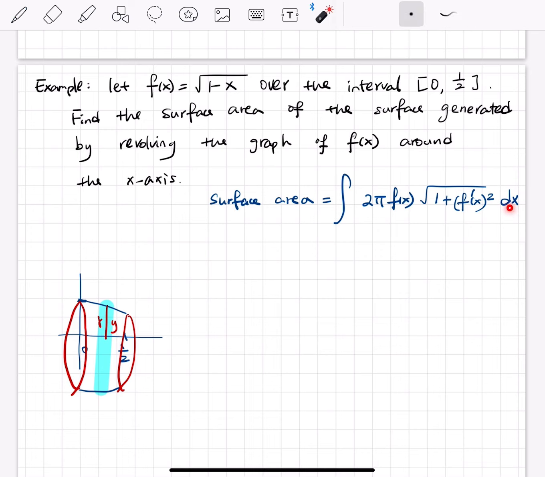Okay, because this is dx, I know everything is going to be written in terms of x, no y here.